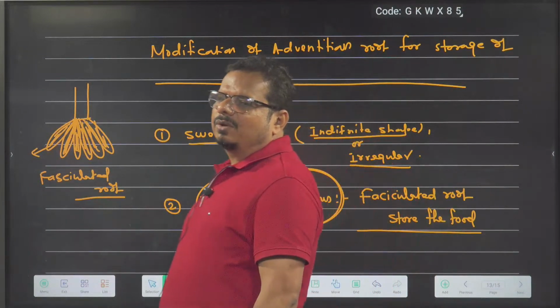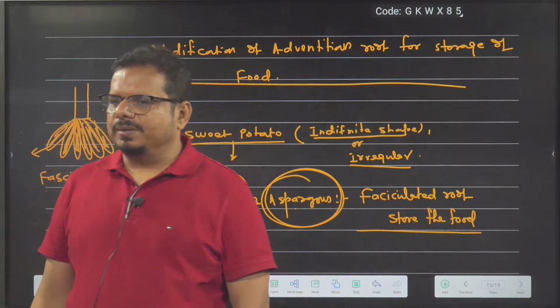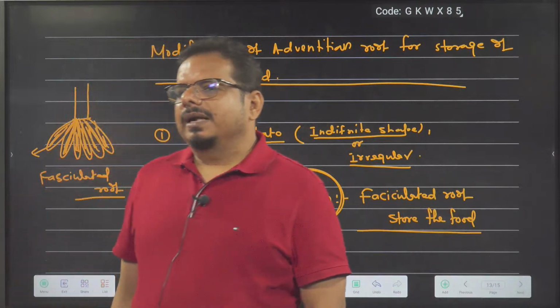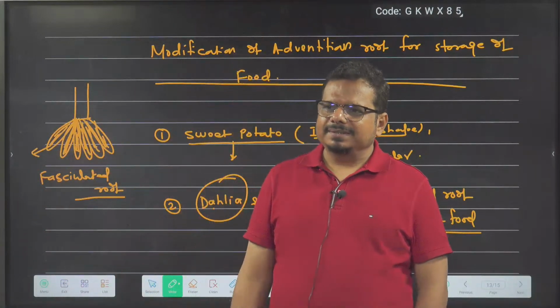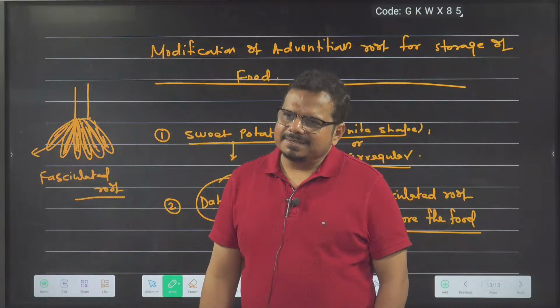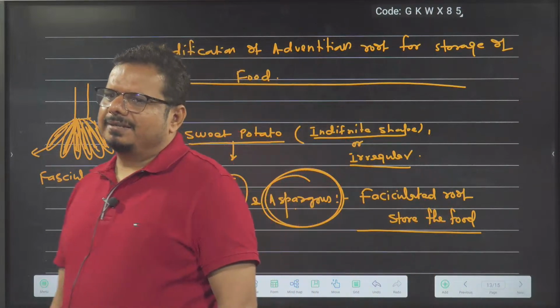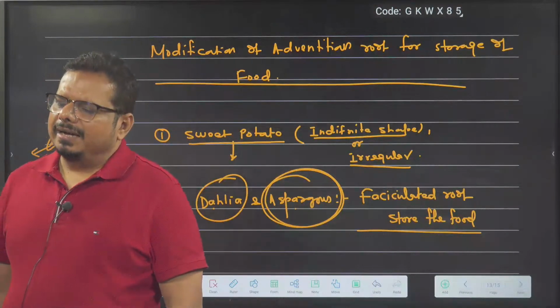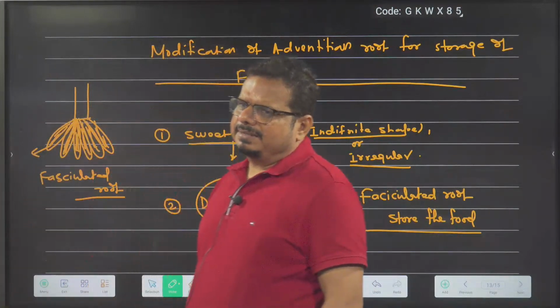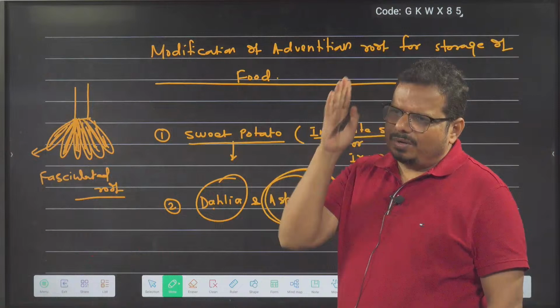So modification of root for storage of food is over. Is it all right? I am giving you a summary. Radish, turnip, carrot, and four o'clock plant, Mirabilis, are modifications of taproot for food storage.